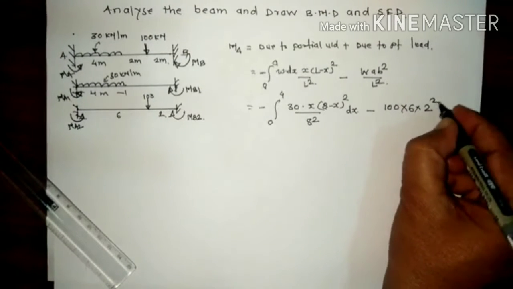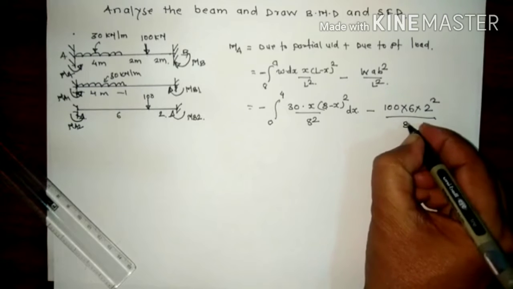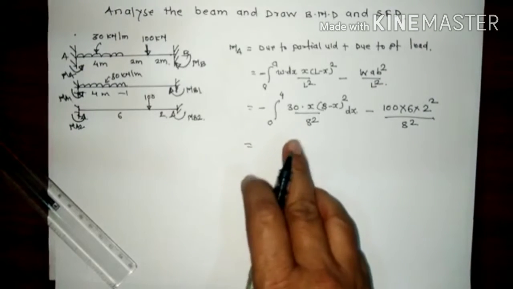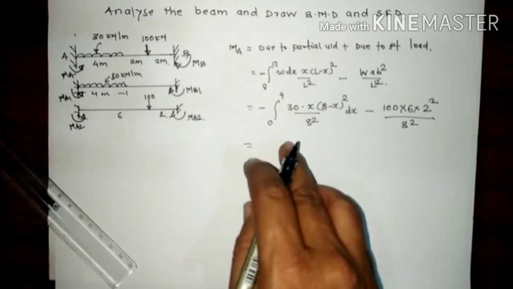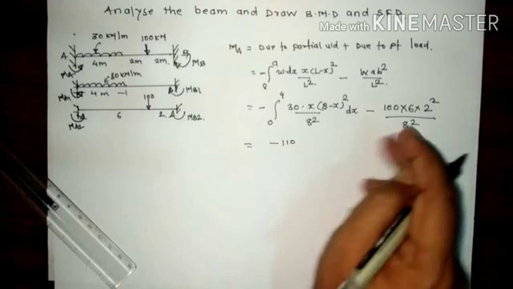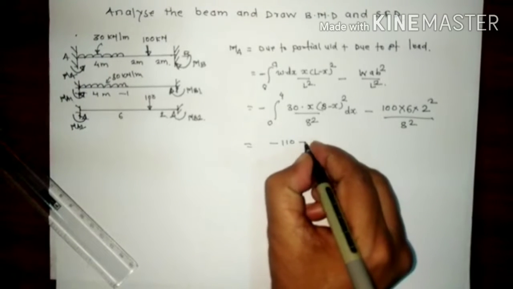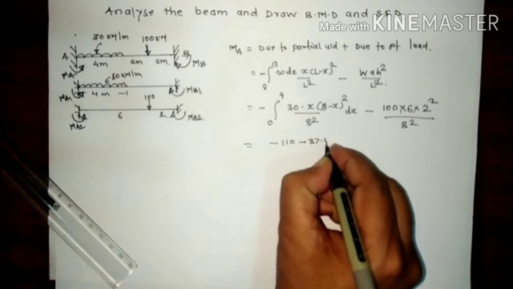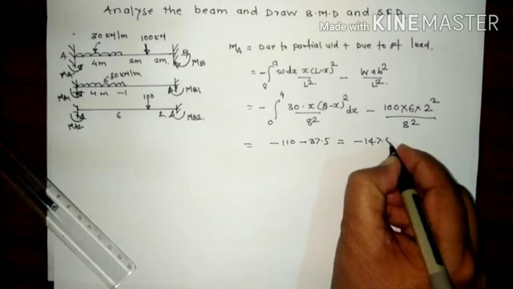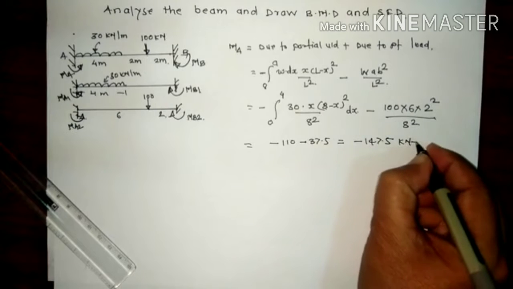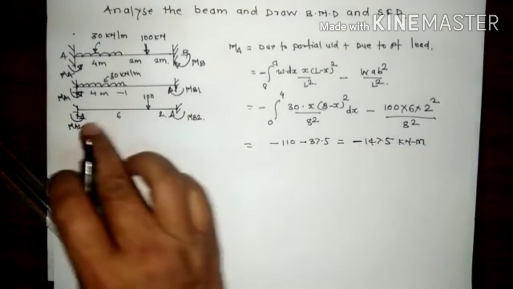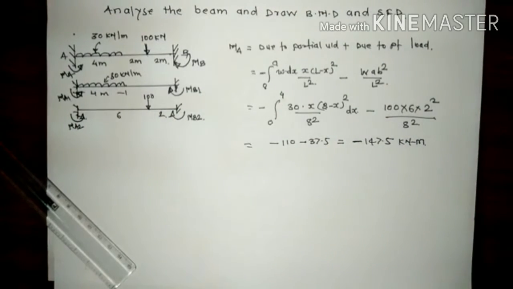So this becomes 2 square divided by 8 square. Now if we integrate this 0 to 4, this value is minus 110 and this value is minus 37.5, so this becomes total minus 147.5 kilonewton meter. This minus sign indicates that this total moment is the hogging moment.